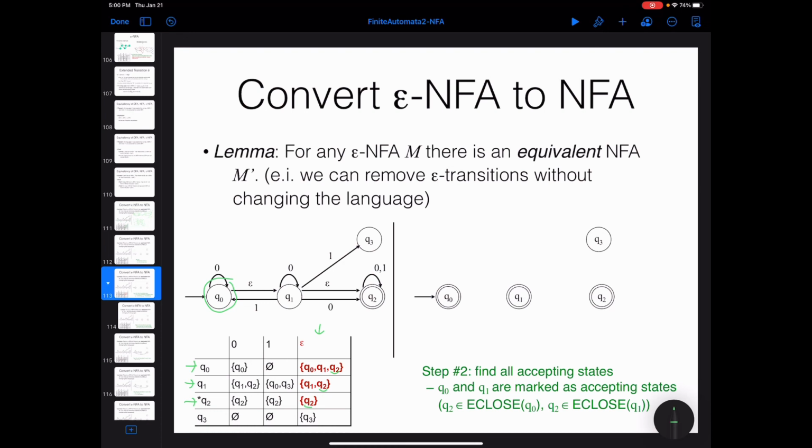Here you can see that Q0 has a direct 0 transition over Q0. So this is going to be 1 transition.